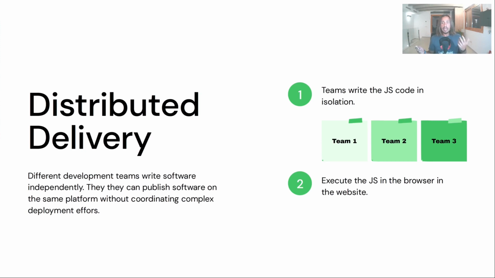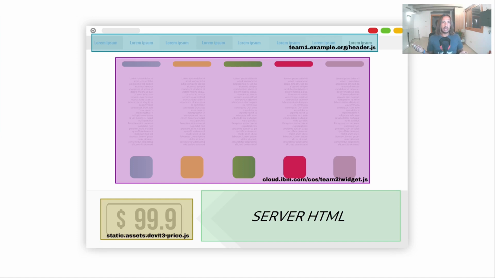And that is because each team writes their JavaScript application in isolation, and then the browser executes the JavaScript, and we can have different deployment pipelines and even different servers serving the JavaScript that the browser is going to be serving.